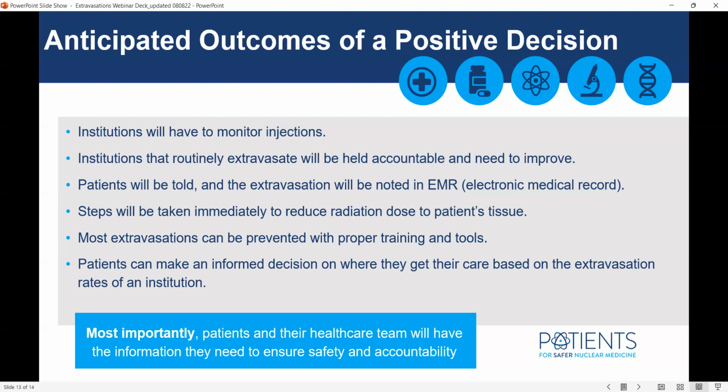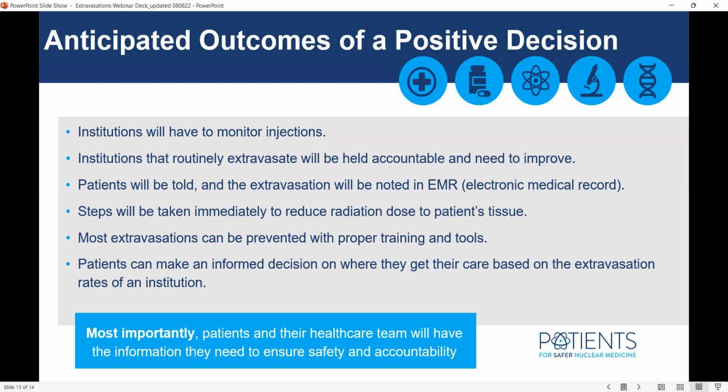You can mitigate the harm of the radiation dose to the patient's tissue at the time of the extravasation. Extravasations can be prevented with proper training and tools. We can prevent these. And as Pam mentioned, if extravasations become reportable, patients now have everything they need to make an informed decision on their care.